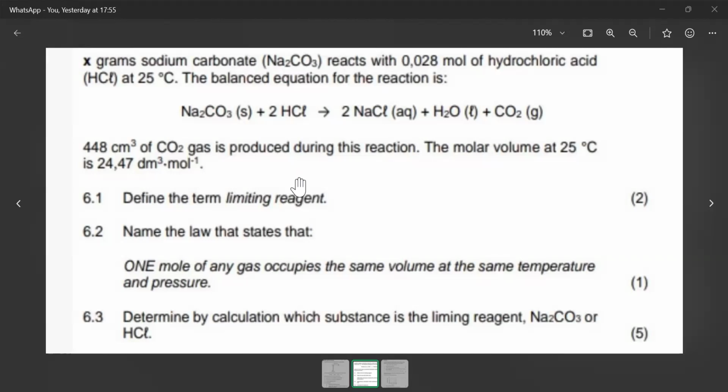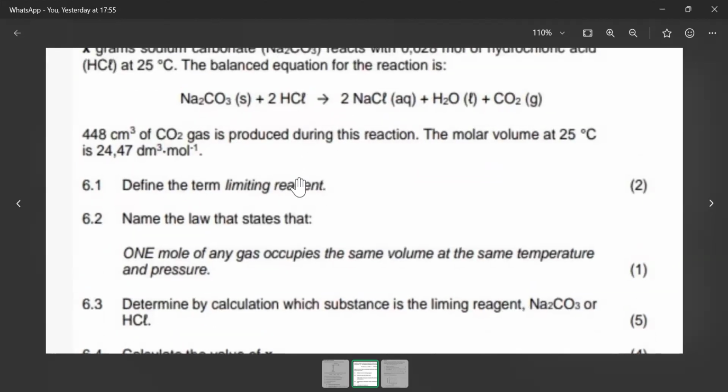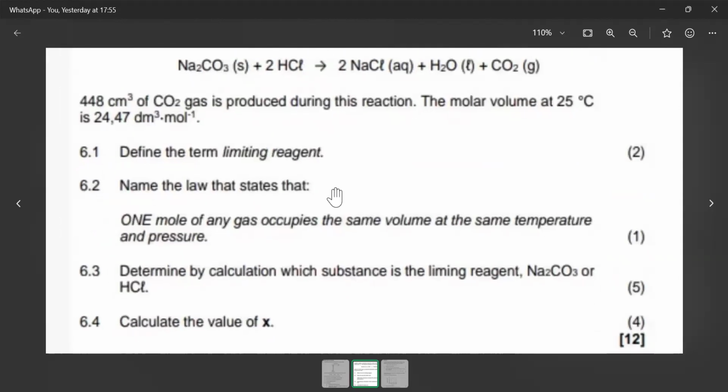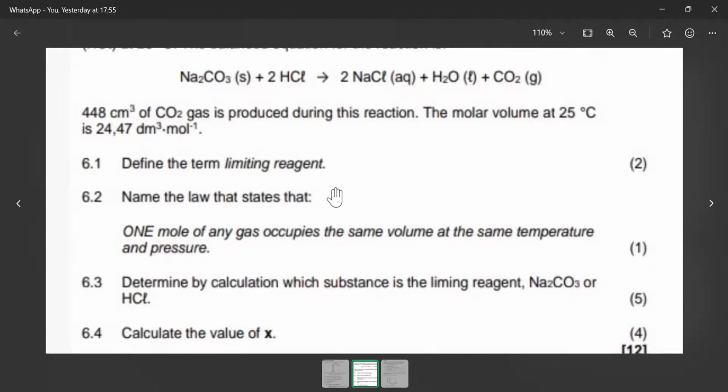Then next they say, determine by calculation which substance is the limiting reagent. In other words, is it sodium carbonate or is it hydrochloric acid? Now, if you remember well, in order for you to identify the limiting reagent, they gave you information about both of your reactants that will enable you to calculate the number of moles of those two reactants.